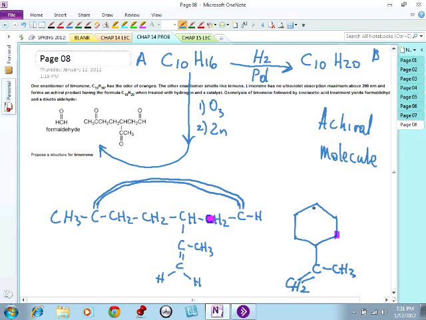If I clip this, that would be the aldehyde that is on this side. Therefore, this methyl group must be here, and we solve the problem. This is not a conjugated molecule. That is why it does not absorb UV light.